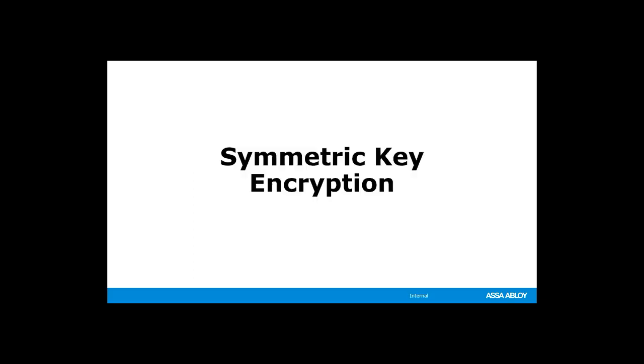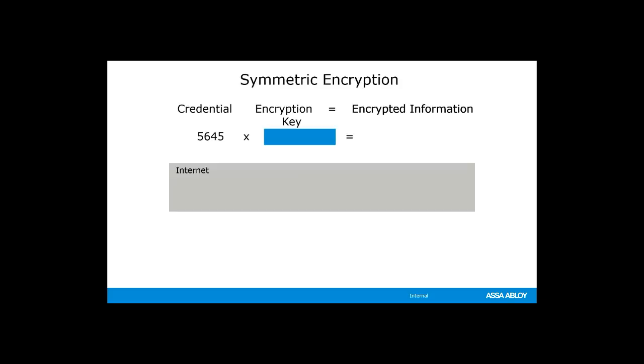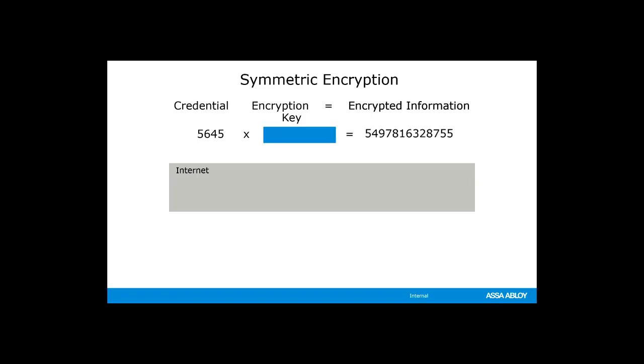Okay, the first type of encryption we're going to look at is symmetrical encryption. You have a credential such as 5645 and an encryption key. The encryption key is used to encrypt the credential, and the encryption is an unknown value. The encrypted information is what's sent over the internet.